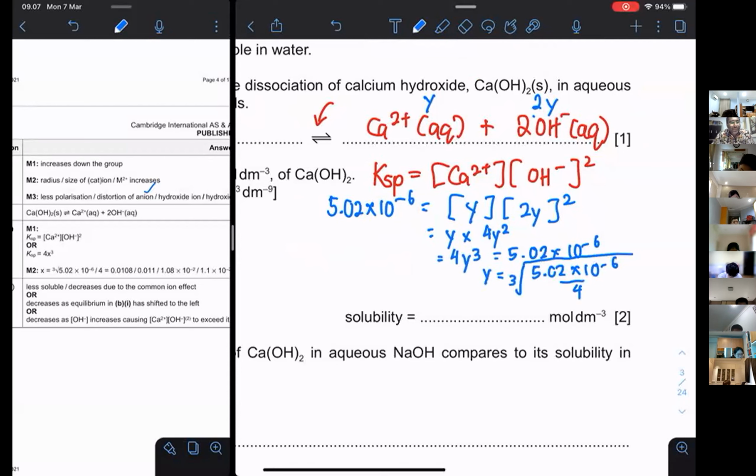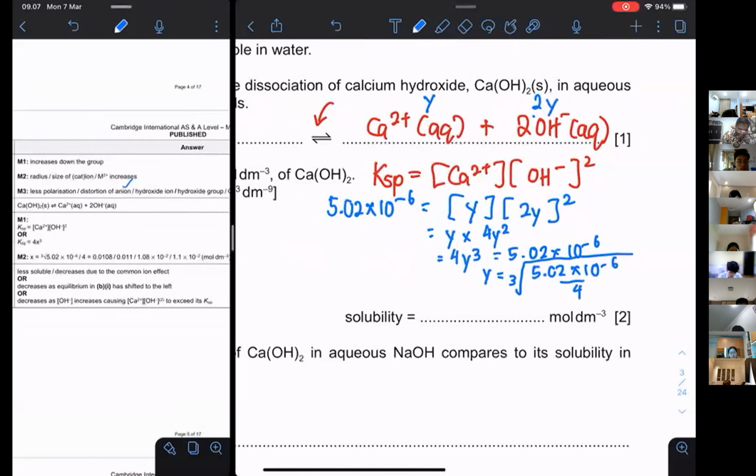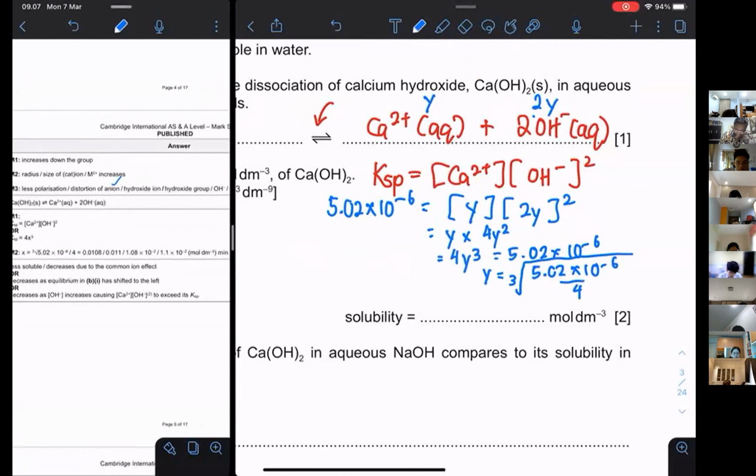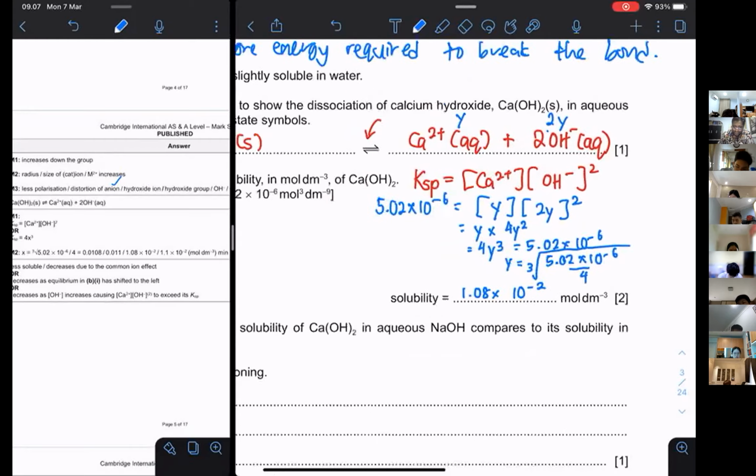You should get Y as 1.08 times 10 negative 2. As you follow me, you can check in your calculator whether you get this answer. I will write it down as 1.08 times 10 negative 2. If you have any question, just feel free to interrupt me anytime.